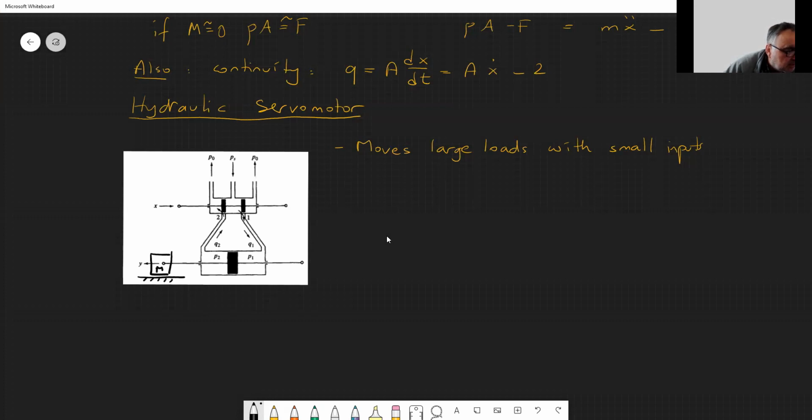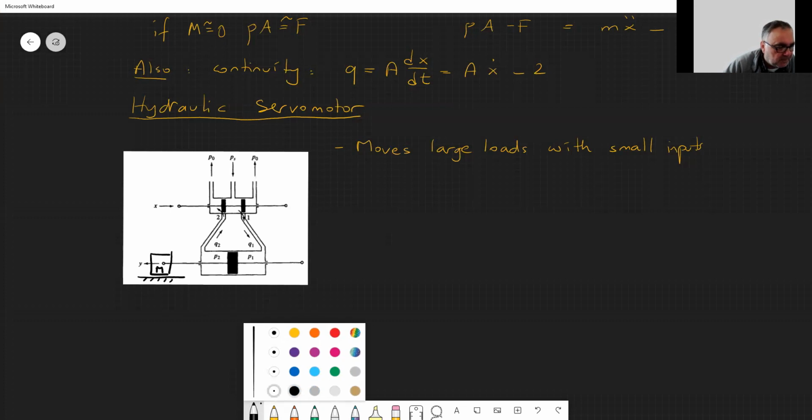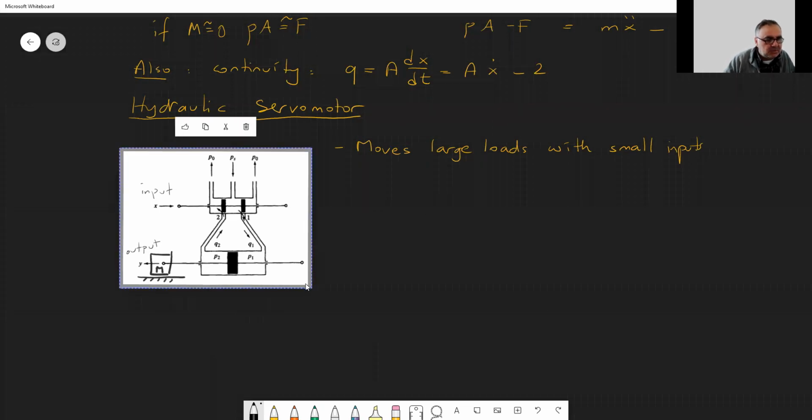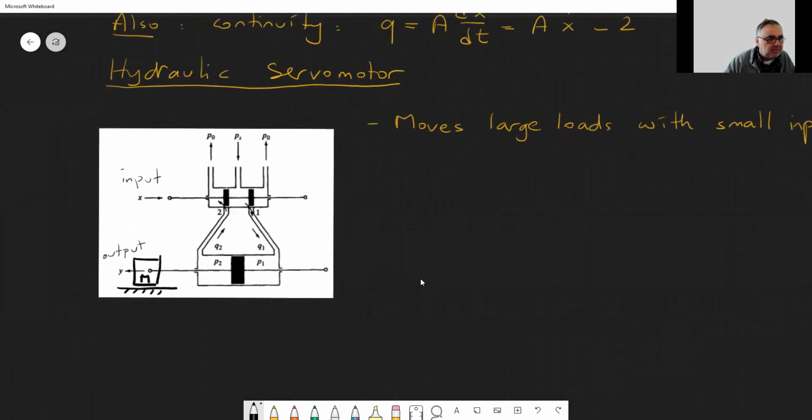This is M. So this mass moves with a displacement of Y. And what are all these things? So X is our input, Y is our output. Okay. I wish I could make this a little bit larger, because I cannot any longer. Maybe I can do it like this. Okay.